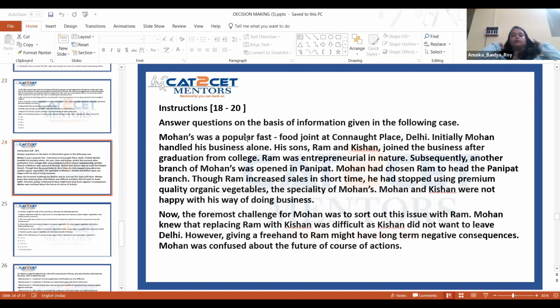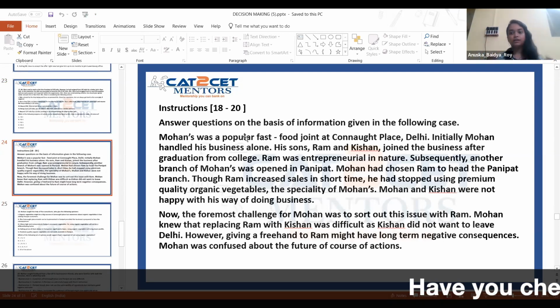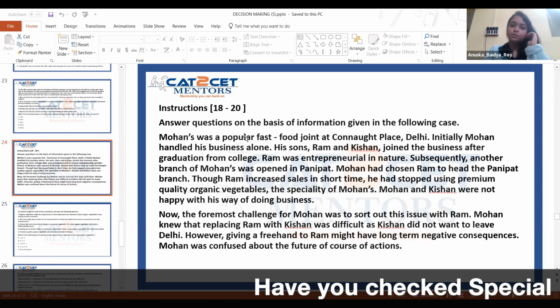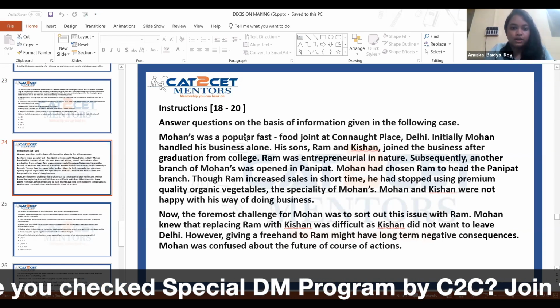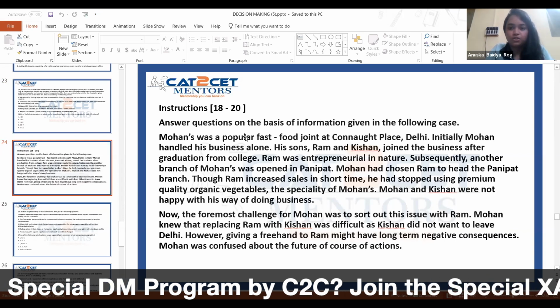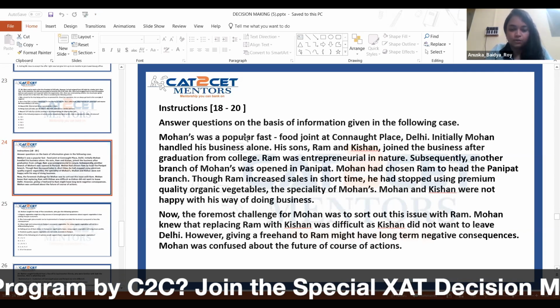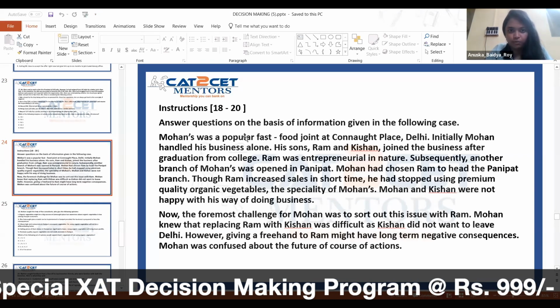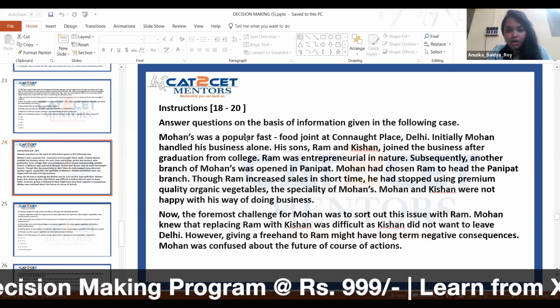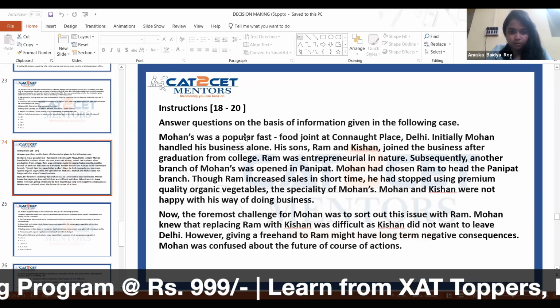18 to 20. Okay, we read this question. What does it say? It says that Mohan's was a popular fast food joint at Connaught Place, Delhi. Initially, Mohan handled his business alone. His sons Ram and Kishan joined the business after graduation from college. Ram was entrepreneurial in nature. Subsequently, another branch of Mohan's was opened in Panipat. Mohan had chosen Ram to head the Panipat branch.